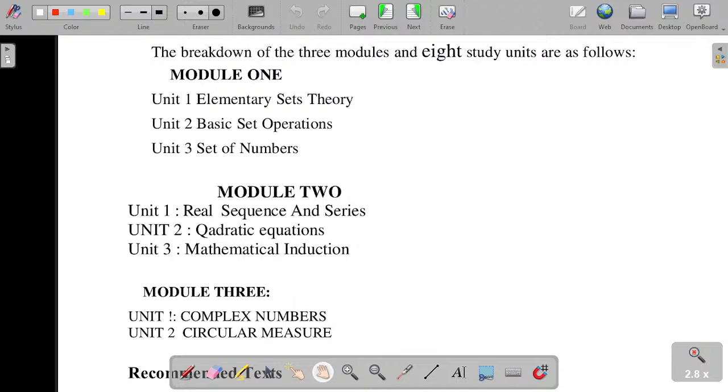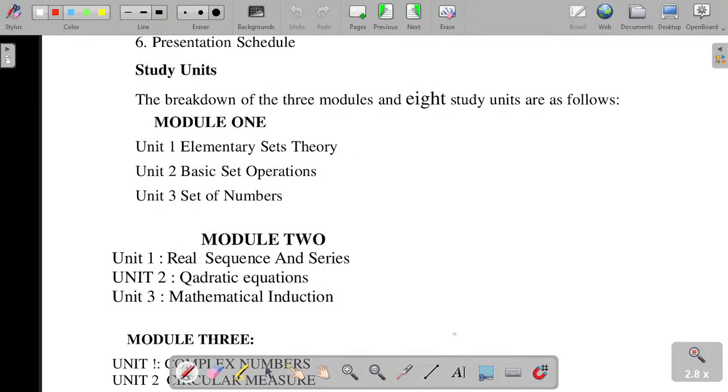Module 3, like I said, is complex numbers and circular measurements. So we're going to start with the first one, which is module 1. We're starting with this.